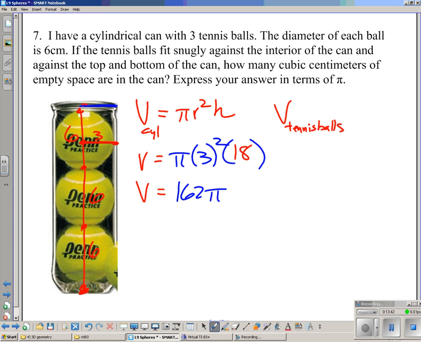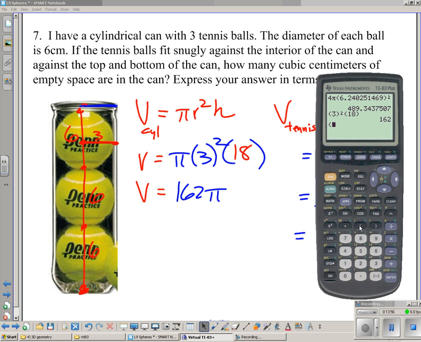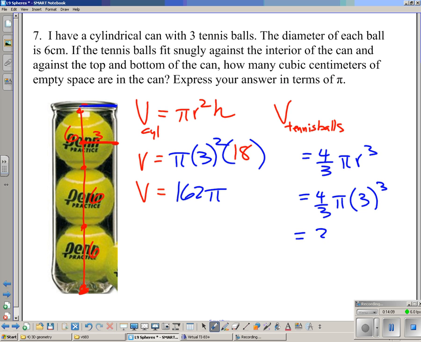Now the volume of one tennis ball, since the sphere is 4/3 pi r cubed, and since we said the radius was 3, we can type in 4/3 times 3 cubed, and 36 pi is the volume of one tennis ball.